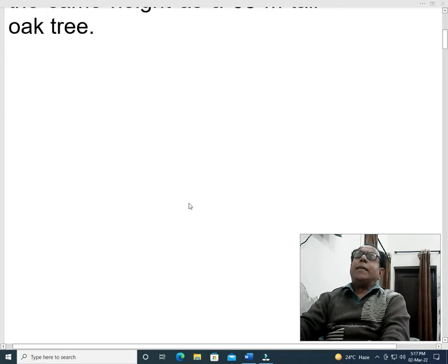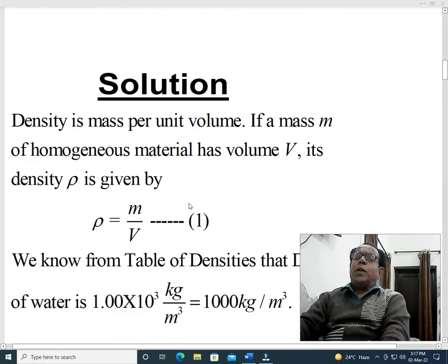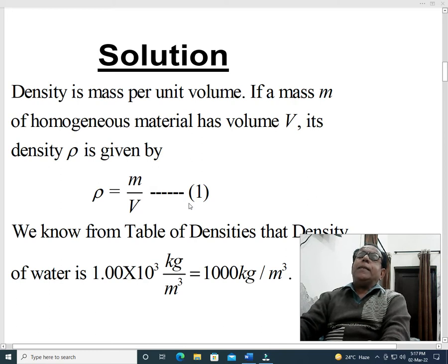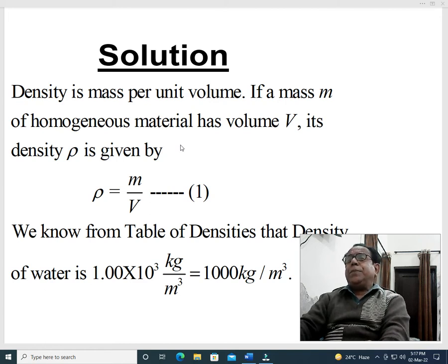So let us come towards our solution in a regular manner. The starting portion of our solution will be quite similar to previous modules of fluid mechanics.